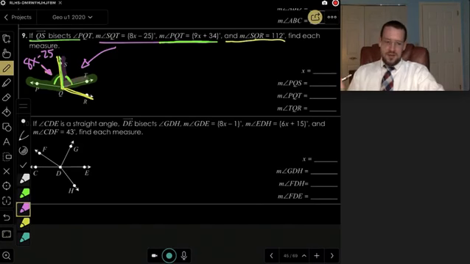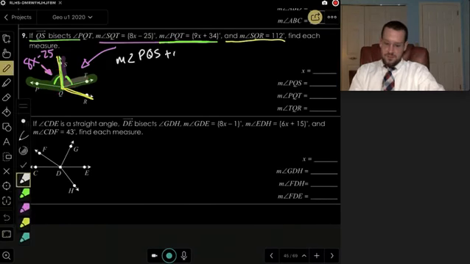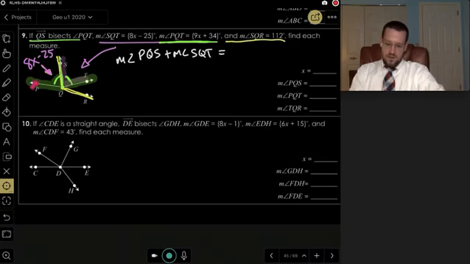Now let's look to see what equation we can set up. We have the measure of angle PQS, that is this angle over here, and we have the measure of angle SQT, and it's equal to the entire angle here in green.